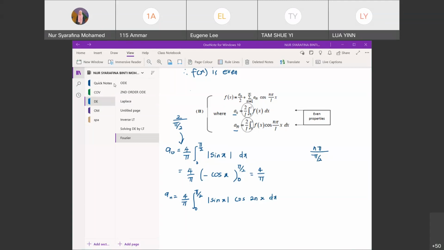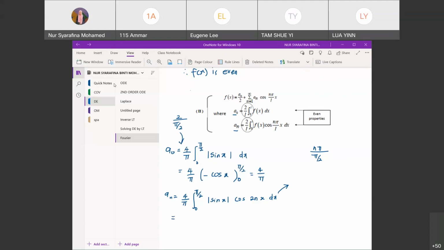Okay. So now for this sine x cos 2n x, we can use an identity.